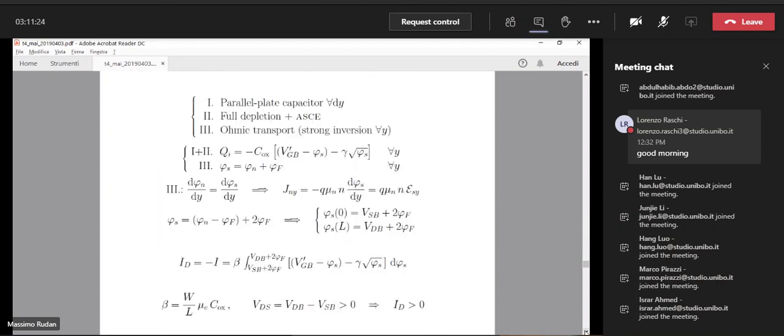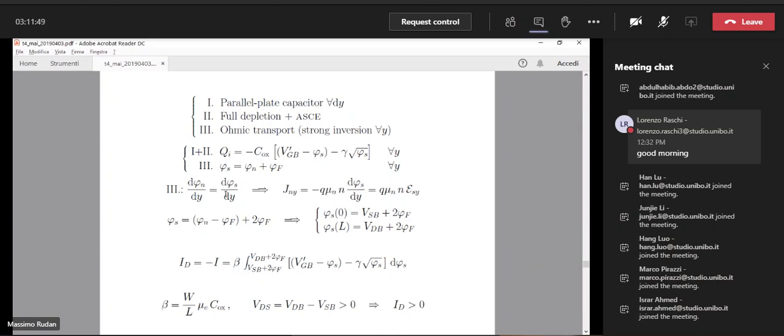At this point, we observe that if phi s and phi n differ by a constant, then the derivative of phi n with respect to y is equal to the derivative of phi s with respect to y, okay? Because both quantities depend only on y.